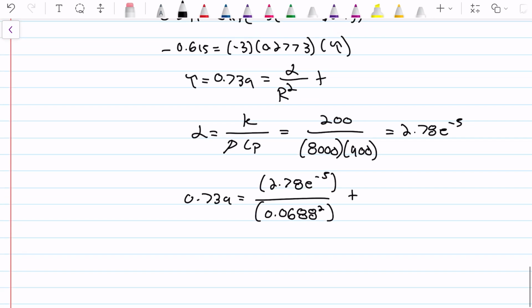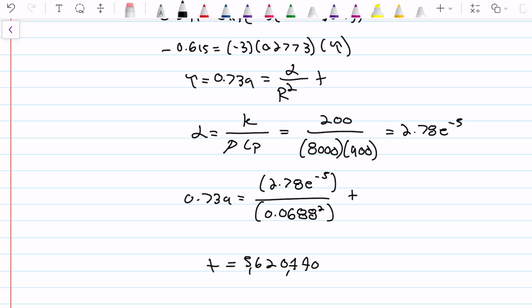Then let's solve for time. Take 0.739 divided by 0.0688 squared, and then divide by the alpha value, and we get a t of a colossal number, 5620440.